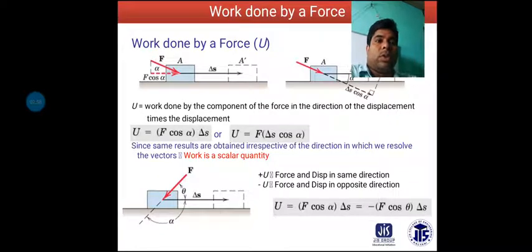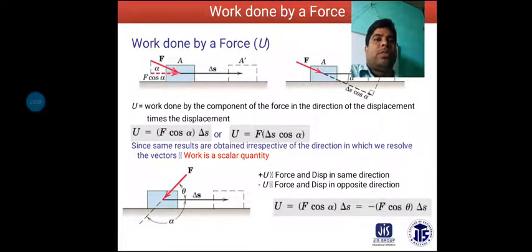If the force is applied at an angle, then U is equal to the work done by the component of the force in the direction of the displacement. So U is equal to F cos alpha del S, or U is equal to F del X cos alpha.